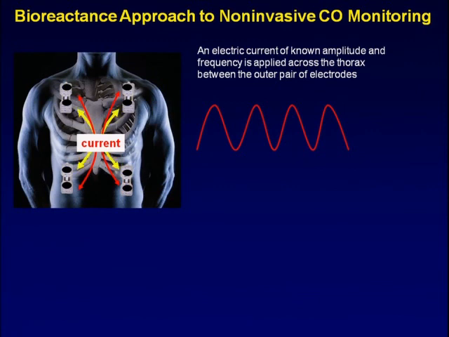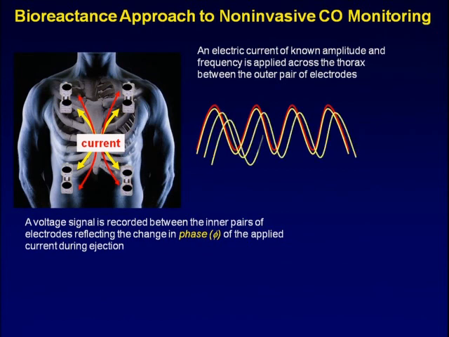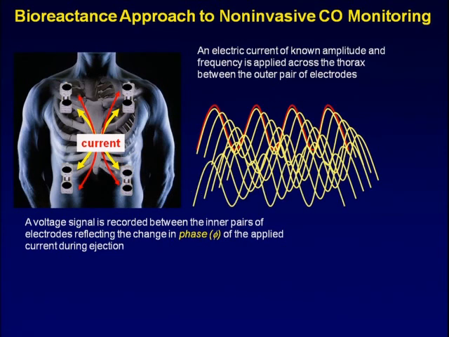On each of these sensors, there's an inner set of electrodes, and the outer electrodes provide the current, shown with a known frequency in red, and the inner ones sense this current. So the signal actually comes with what they described as the phase delay here. Conceptually, if we say that the sensed current, shown in yellow, initially lines up with the injected one, as the heart fills, there's a shift in the phase of how the sensed signal relates to the injected signal shown in red.